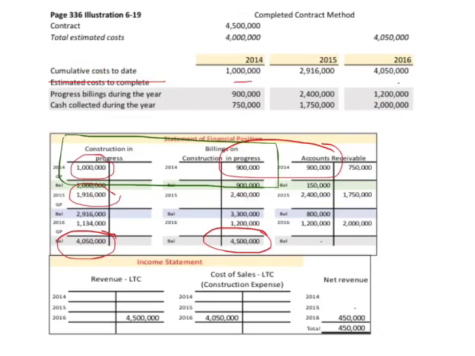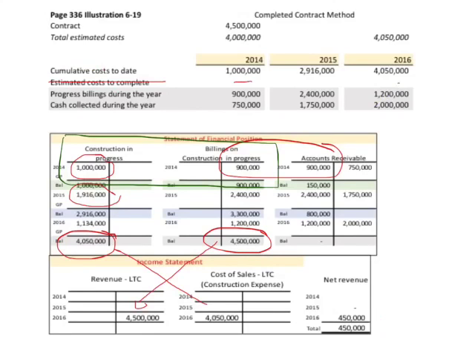The construction in progress account is credited, and the cost of sales, construction expense, is debited. And of course, the billings on construction in progress account is debited, and the revenue account is credited.